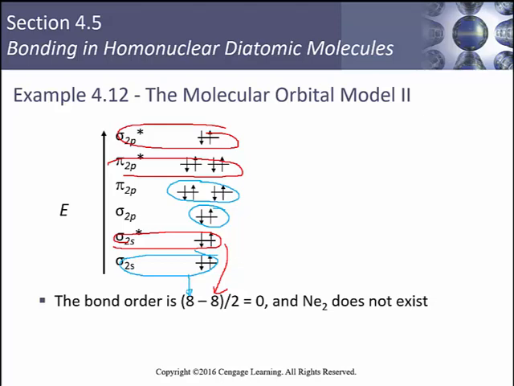So it'll be 8 minus 8 over 2, so 0 halves, 0. Ne2 does not exist. Your bond order has to be a number that is positive, bigger than 0.